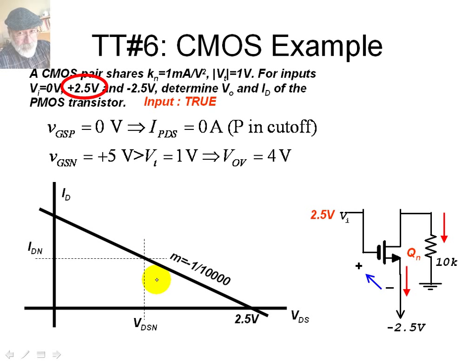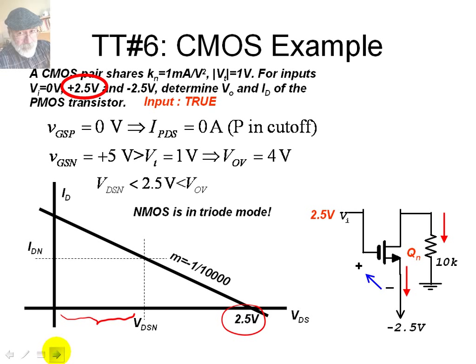Wherever that is, you agree with me that this voltage, VDSN, is going to be less than 2.5 volts. Alright. If VDSN is less than 2.5, that means that VDSN is less than the overdrive voltage, 4 volts, right?